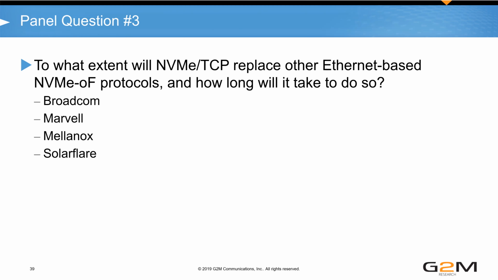But how long do all of these things take? Storage is in general a slow-moving market. It takes a while to get adoption, and those technologies can last a long time. There's already been a lot of work done with RoCE, so we do still see RoCE as being a driver in the market for fabrics, as well as Fibre Channel for the part of the market that's very Fibre Channel specific.